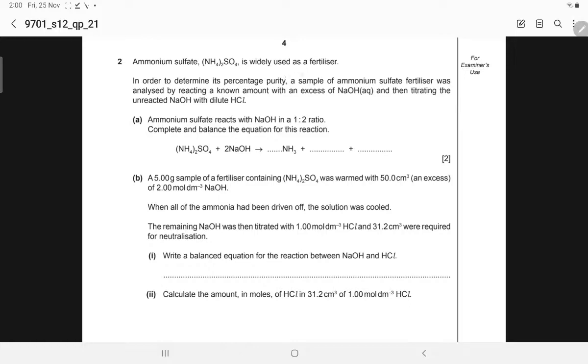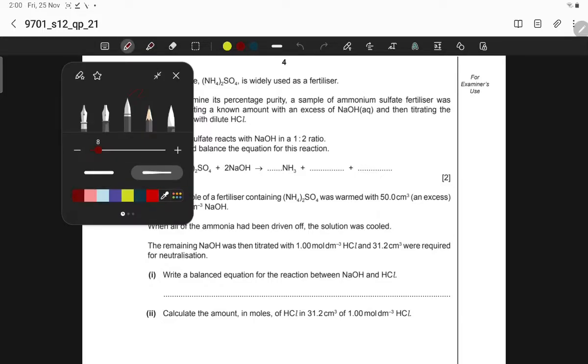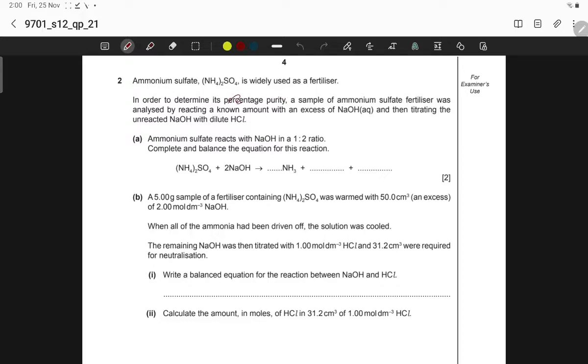Ammonium sulfate is widely used as fertilizers. In order to determine its percentage purity, just identify the main focus point: percentage purity, which you are going to calculate.